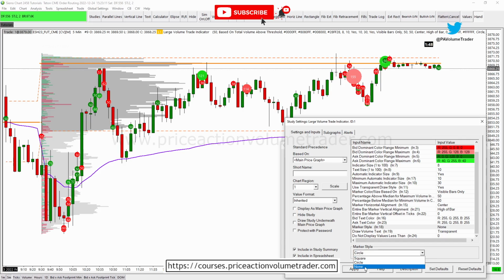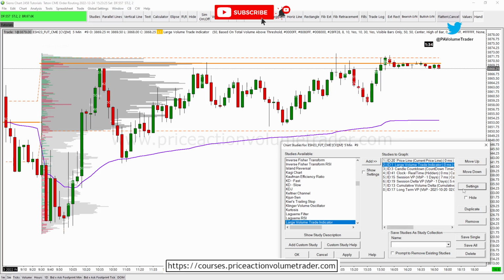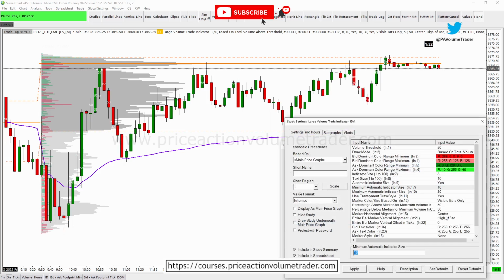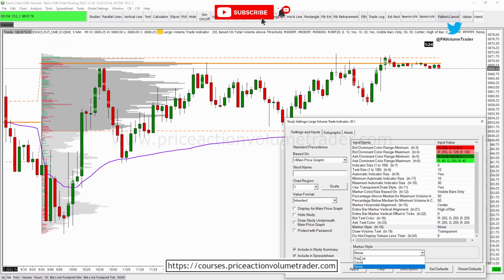You can also put none and you would just have the text or the number, but then you would obviously probably want to change the color of the text so you can see it. But I like to have that as a circle right there.